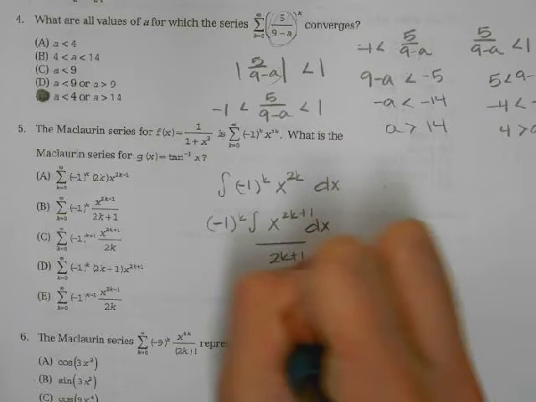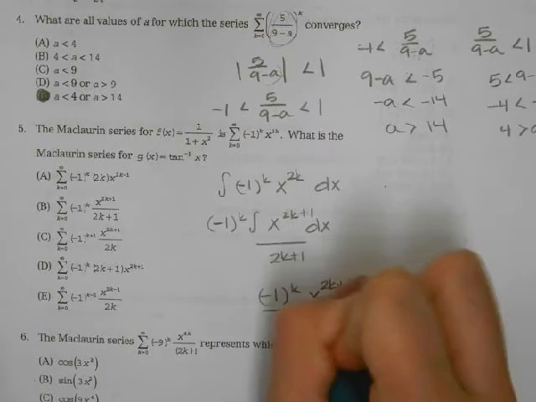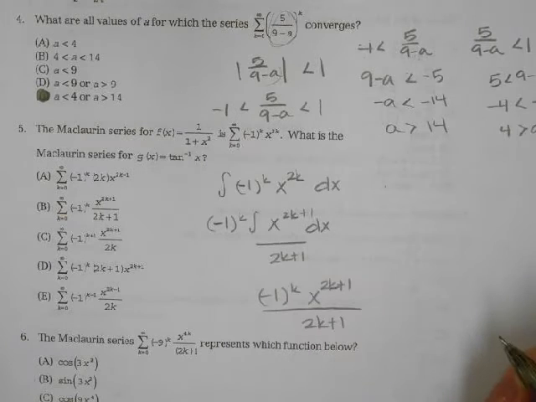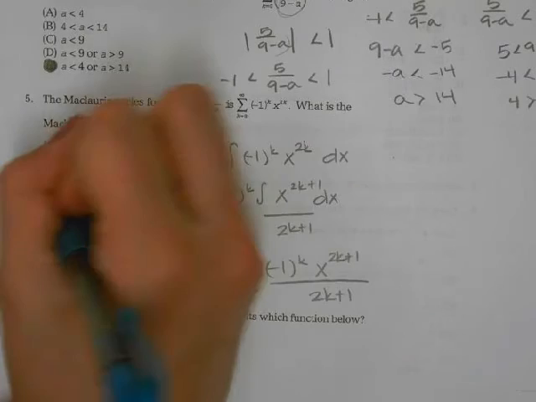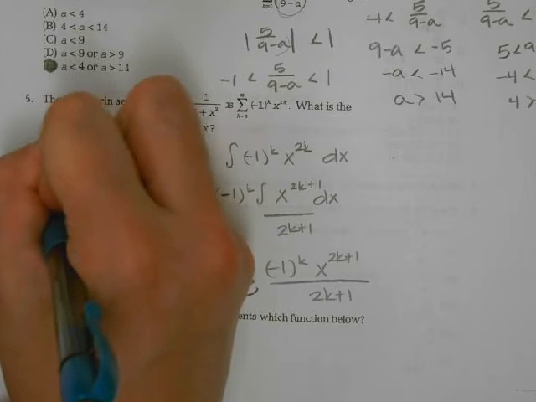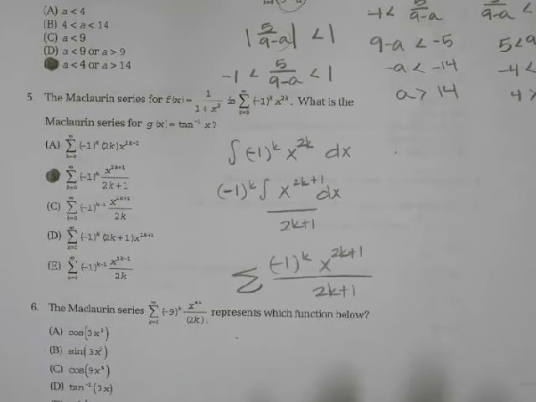So -1 to the k times x to the 2k plus 1 divided by 2k plus 1. And that is b. Make sure to put the notation in front of it. Here it doesn't really matter because it's multiple choice, but if you ran into something like that on a free response question, you have to make sure you go back and put the summation sign in front.